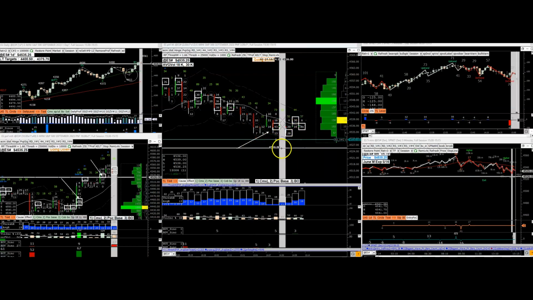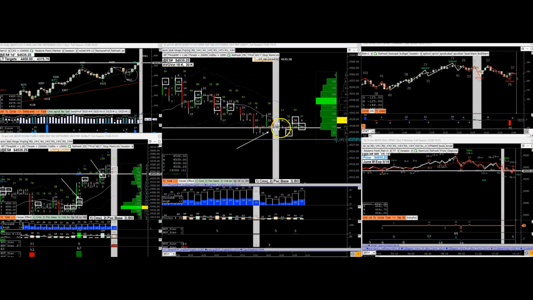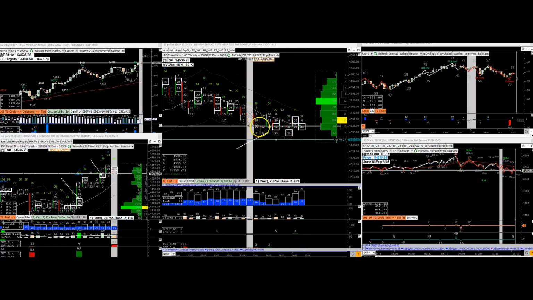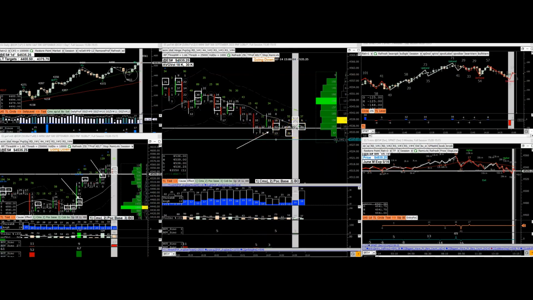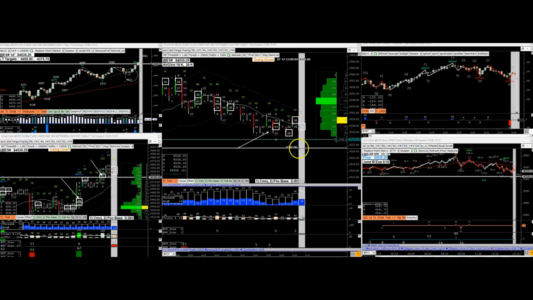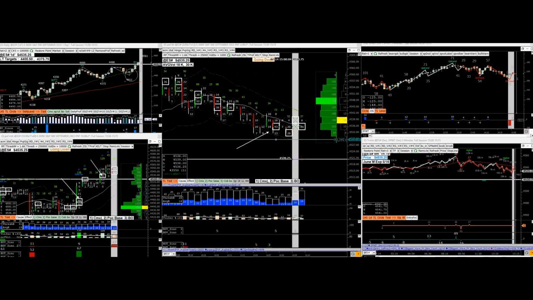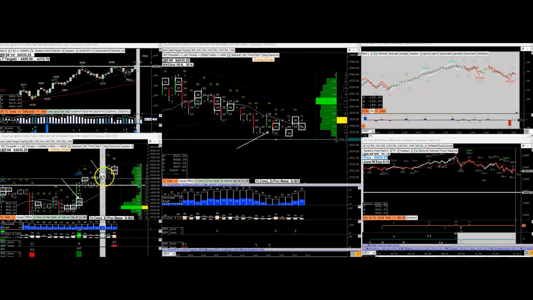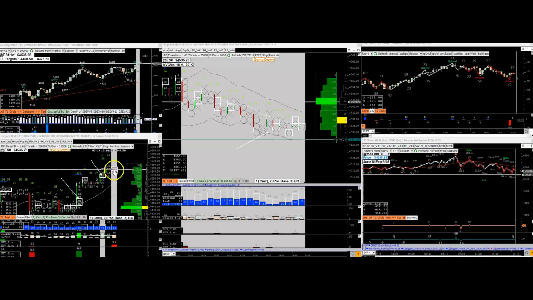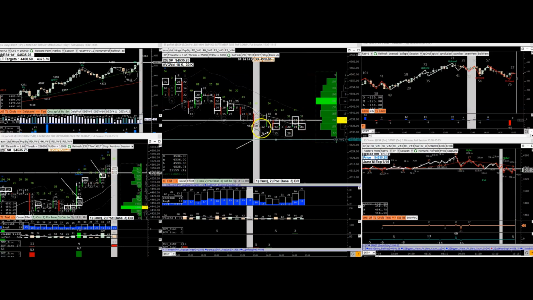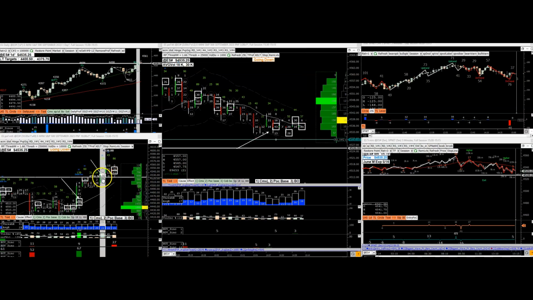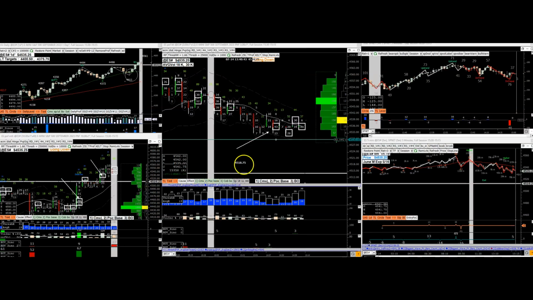Does that look like a base? Does that look like a base building? Does that look like reaccumulation? It does. On a minor scale, this test of a breakout shows some type of base forming when that breakout is being tested.